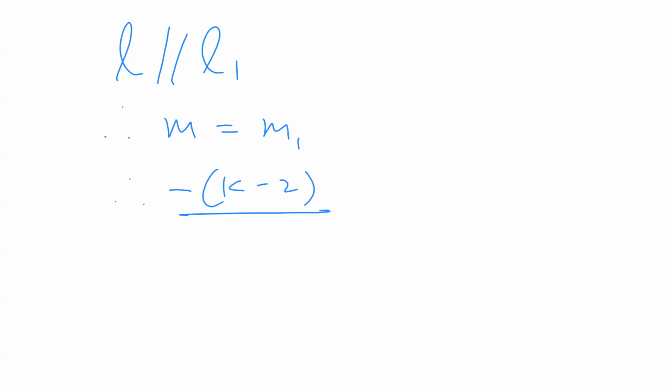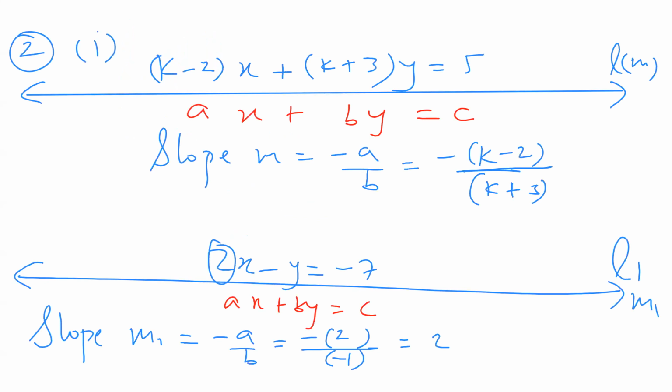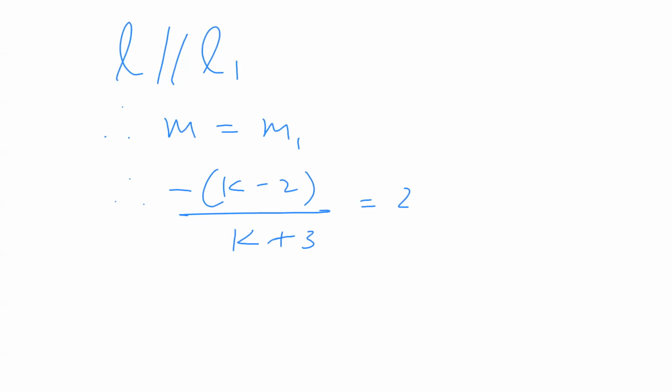L parallel to L1, therefore m equal to m1. Now m is minus k minus 2 upon k plus 3. I'll show you the previous slide. See, this is slope m, and slope m1 is 2. Now we have to solve this further.